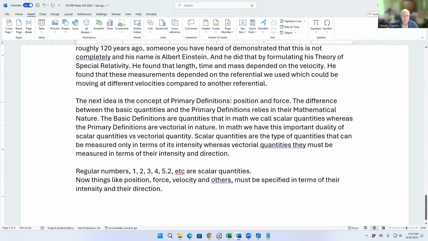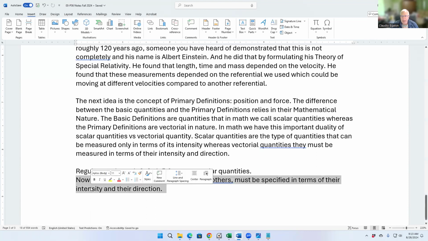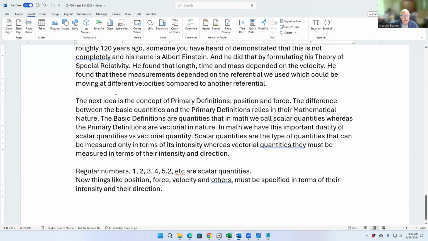Okay? So think about that. Most likely you have already seen vectors before, right? If you haven't, you need to start getting familiar with this idea of vectors.